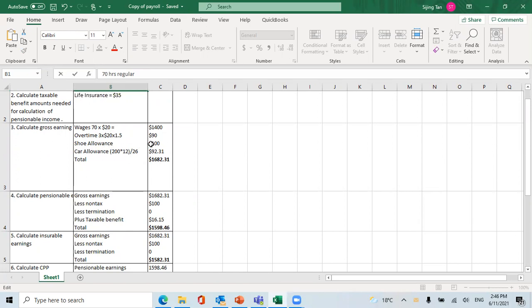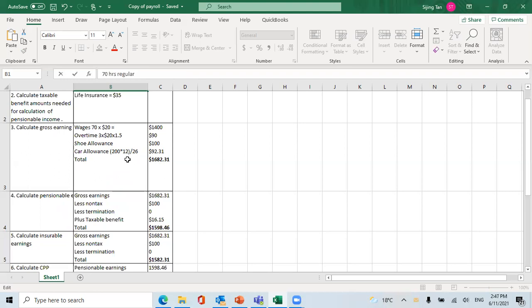We add it in. For now, we know that car allowance is a taxable benefit, right? But because he got paid $200 per month, we need to calculate it times 12, get the annual amount and divide it by 26.